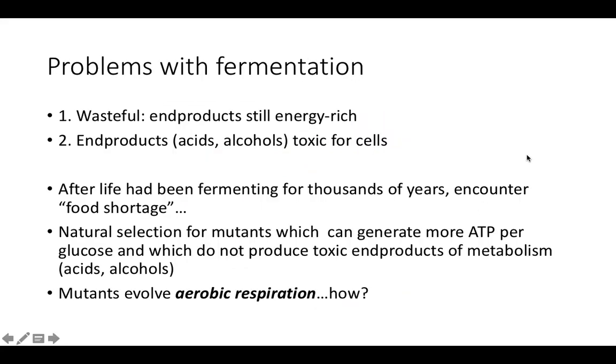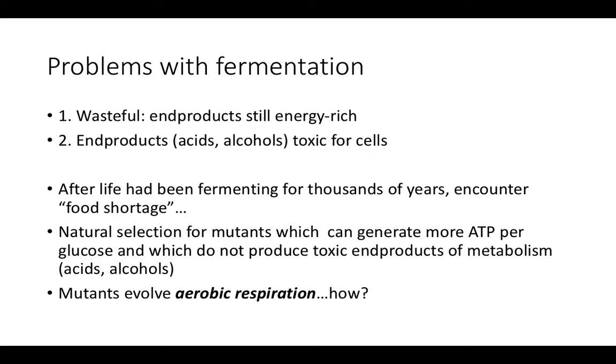So you recall, as we're going through time, and these little cells are doing this fermentation, which is very wasteful, right? The fermentation end products like the lactic acid and the alcohol are still chock full of high energy electrons, so it's very wasteful. They're only gaining 2 ATP per glucose, right? And the fermentation end products like the alcohols and acids are inhibitory, right?